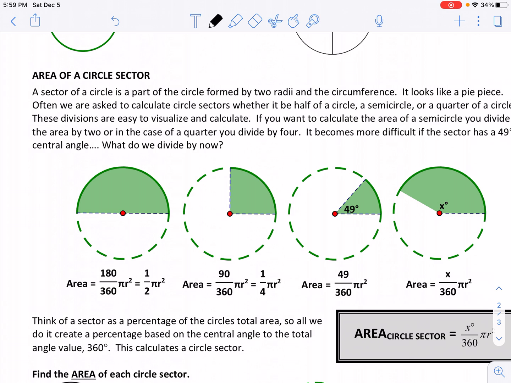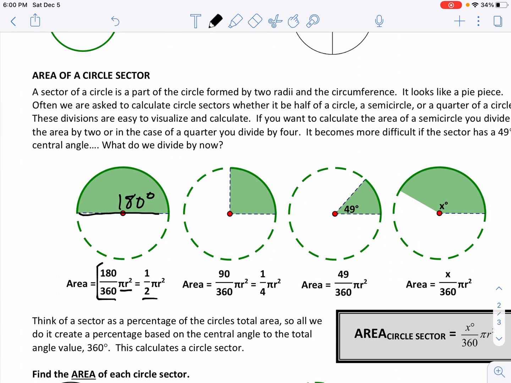Well, when we're finding the area of a sector of the circle, a circle sector, it's the same idea. If we're looking at half of a circle, that's 180 degrees of the circle, we could take 180 out of 360 and then multiply that by the area of the whole circle, okay? So we're only talking about half of the total area. 180 divided by 360 is half.